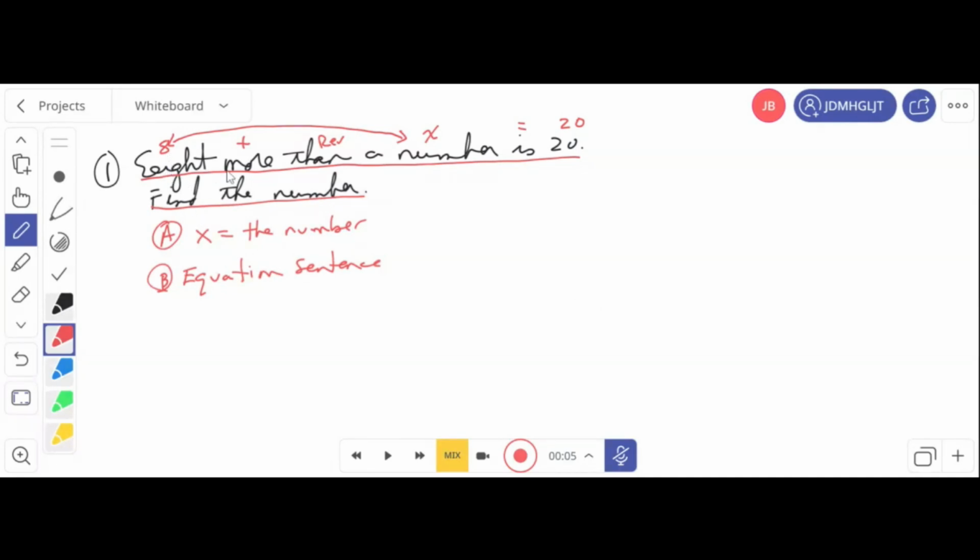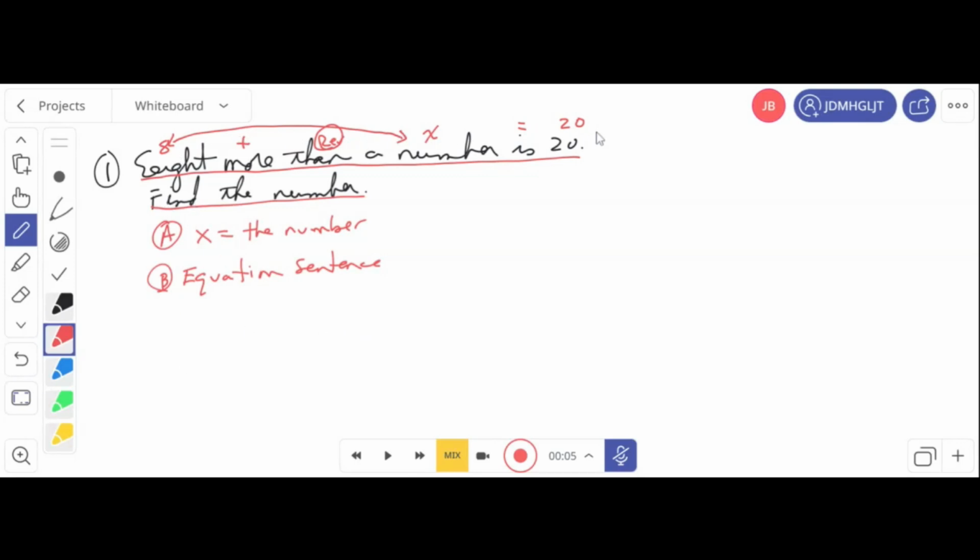8 is a number. More means addition. Than is a reverse word, which means we have to make sure that we reverse the order. A number is the number we're looking for, x. Is means equals 20.